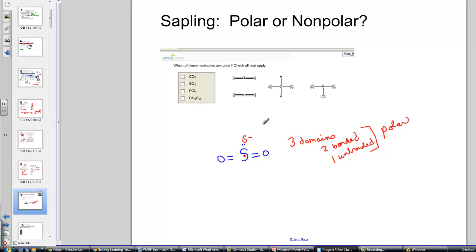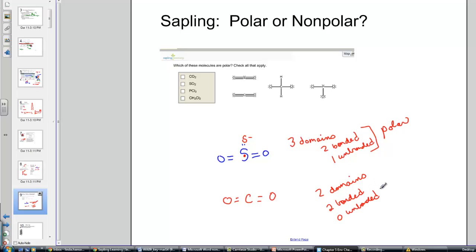But now let's consider carbon dioxide, a very similar structure, but let's take a closer look at how it's different. So, just redrawing. Notice here the carbon does not have any unbonded electrons on the central atom. So there are 2 domains. 2 are bonded, both to the same element, oxygen, and there are 0 unbonded.